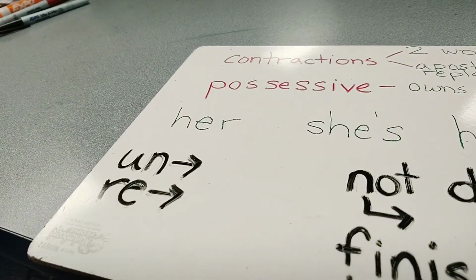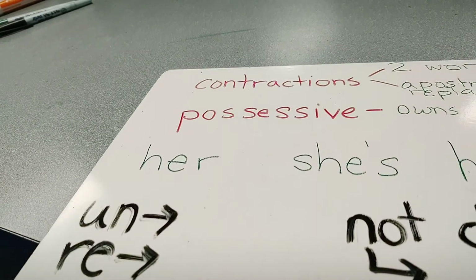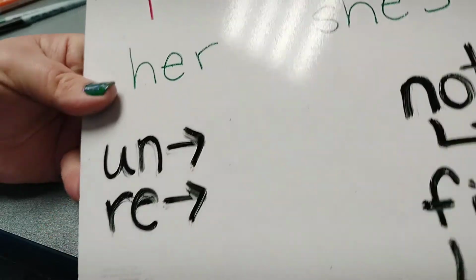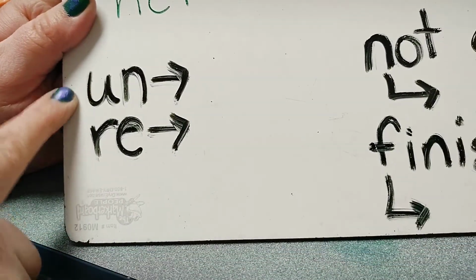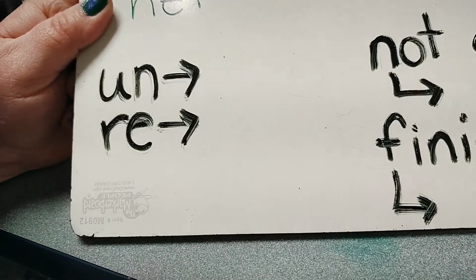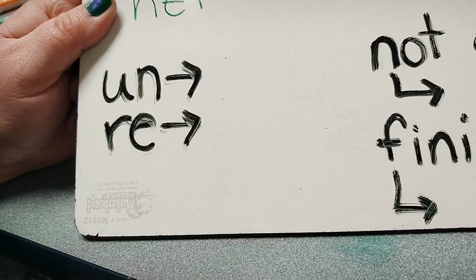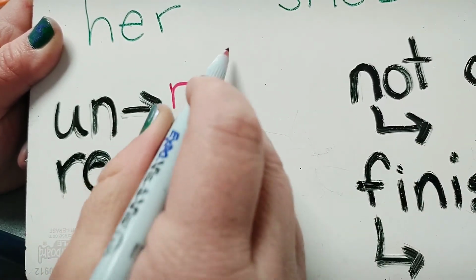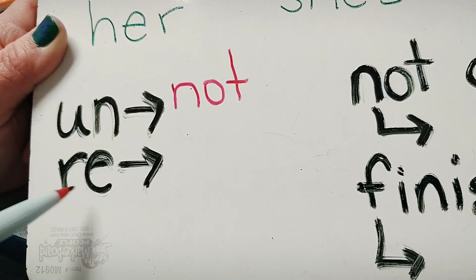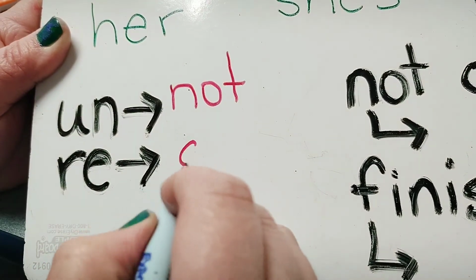And the last part that I wanted to review with you are the two prefixes un and re. So what are the differences between the two prefixes un and re? Un means not. Re means again.